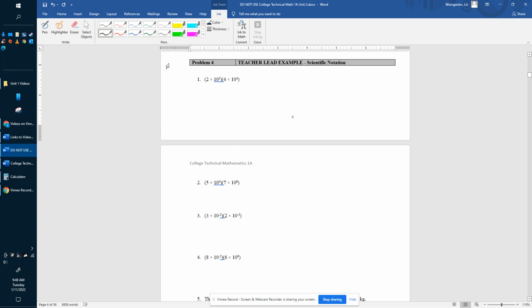So in our first problem, we have 2 times 10 to the third times 4 times 10 to the fourth. The way I like to look at these is I will start by multiplying the constants. So 2 times 4 is going to be 8.